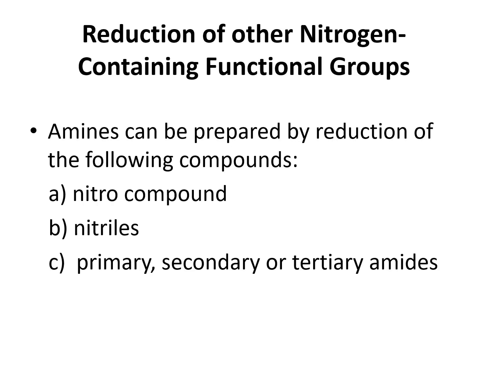Okay, then we move to reductions of other nitrogen-containing functional groups. To make it simple, any nitrogen-containing compound can be reduced to form an amine. For example, amine can be prepared by reduction of the following compounds: nitro compound NO2, nitrile C triple bond N, and primary, secondary or tertiary amides.